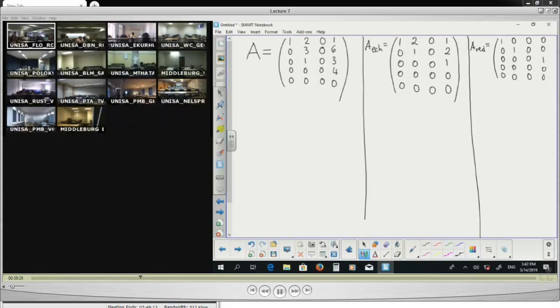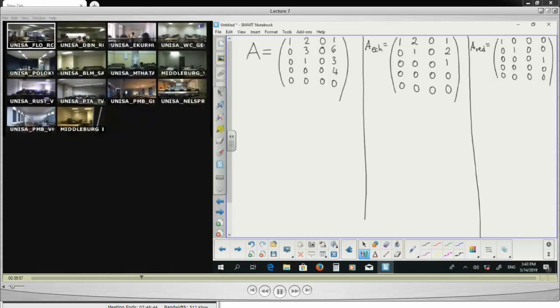So this A represents a linear transformation from where to where? Yes, this A represents a linear transformation. So from where to where? I said A represents a linear transformation. So what is the domain vector space?